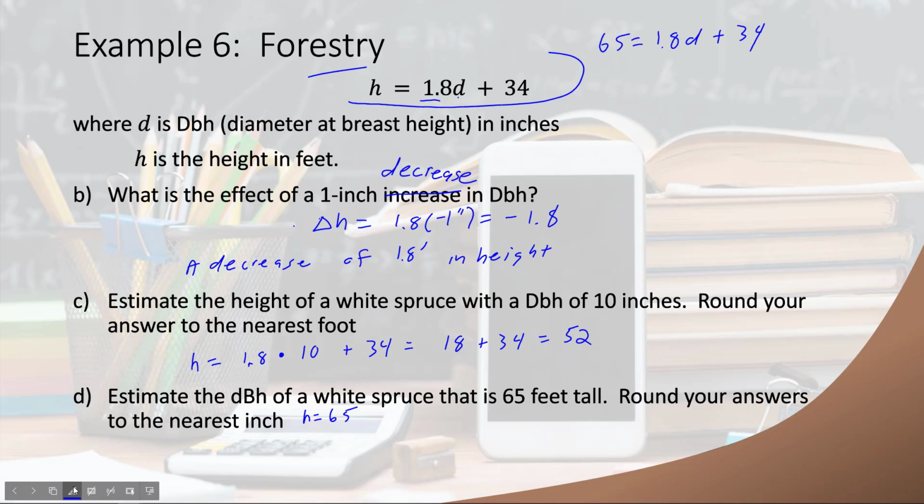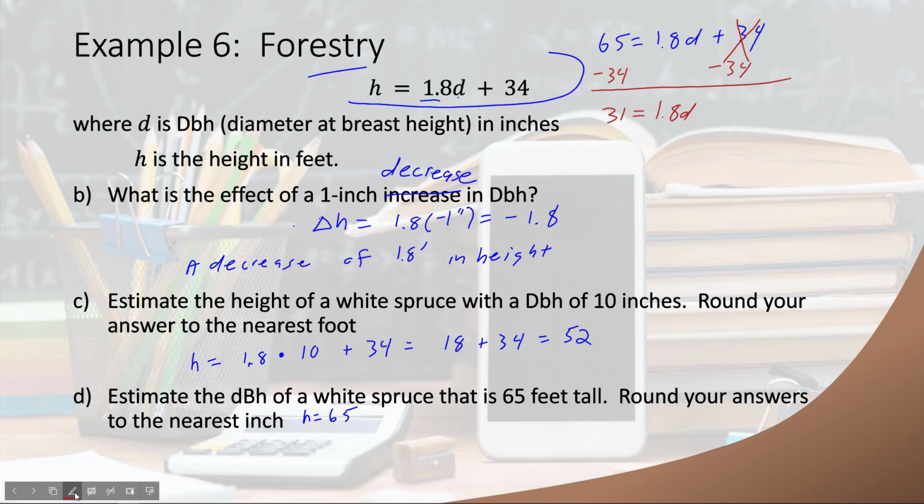So we are going to use our tools for solving equations to do that. We're going to subtract 34 from both sides to get the terms without the variable on one side, and the terms with the variable on the other side. We're going to add vertically. These will cancel. Here we have 65 minus 34, which is going to be 31, and that will be equal to 1.8d.